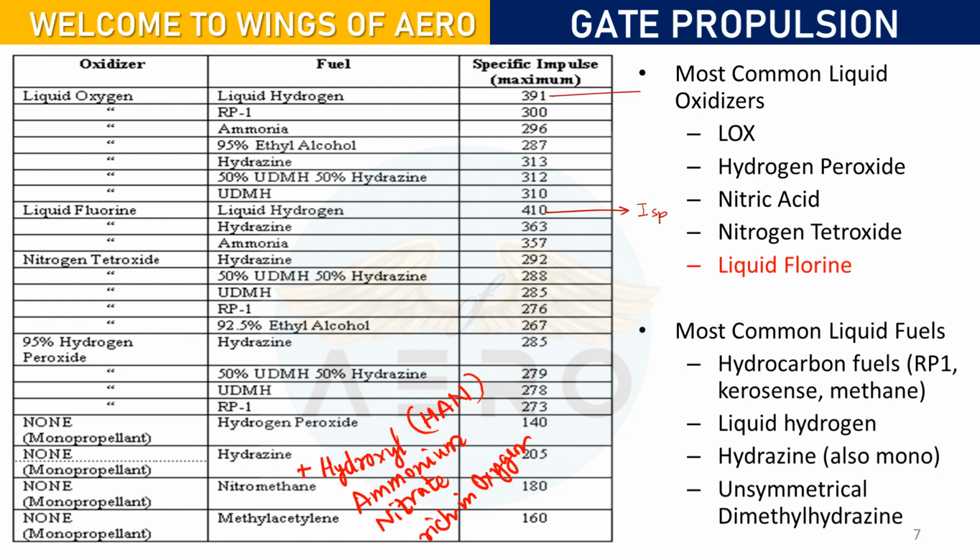Then gradually you have to analyze which give the maximum value. Then semi cryogenic, that is liquid oxygen and kerosene, giving us about 300 specific impulse, right?